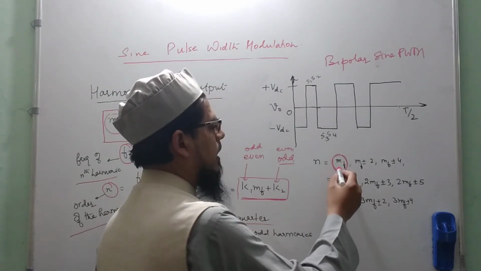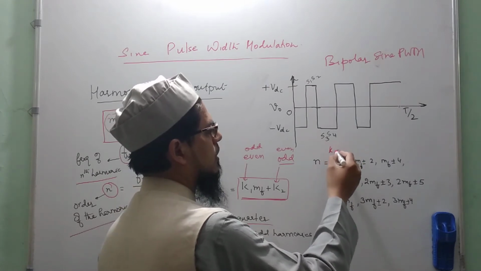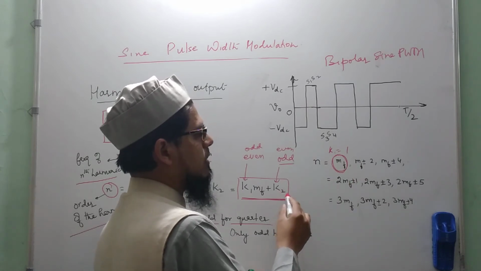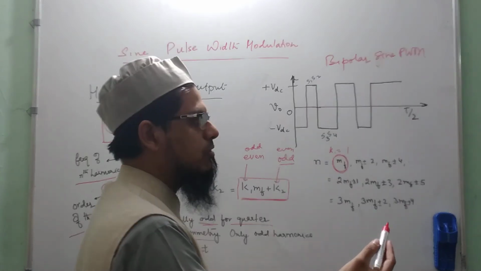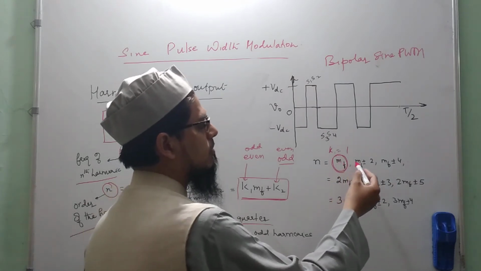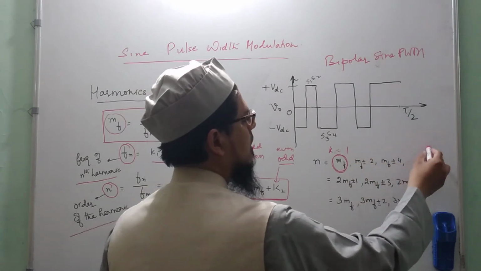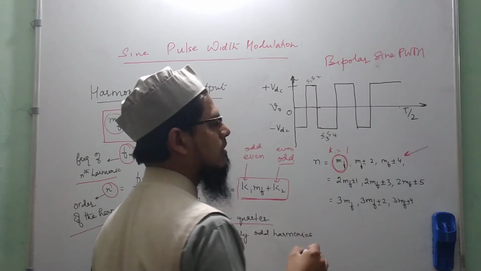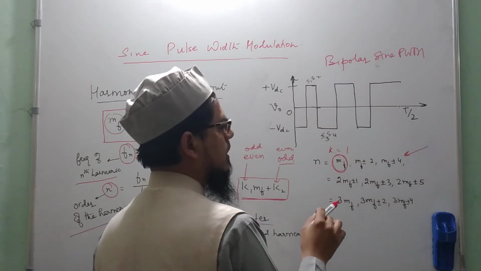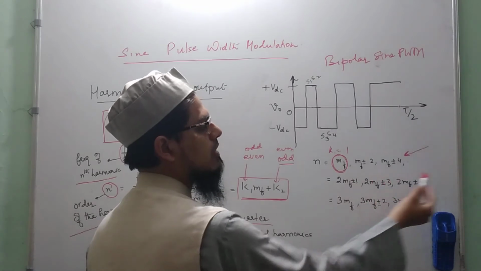If I put k1 equals 1, then k2 has to be even values, that means 0, 2, 4 and so on. So MF and MF plus minus 2 and MF plus minus 4 are the harmonics that would be present. Similarly, when I put k1 equals 2, then k2 has to be 1, 3, 5 and so on.